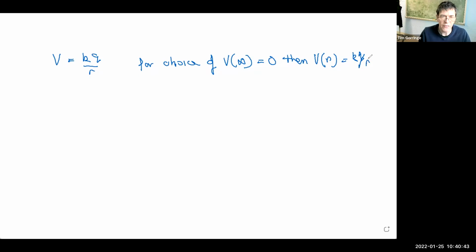We mean that for the choice of the electrical potential being zero if you're infinitely far from that electric charge, the electrical potential at a distance r from that point charge is kq over r.